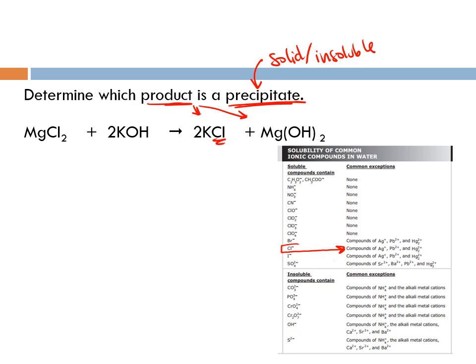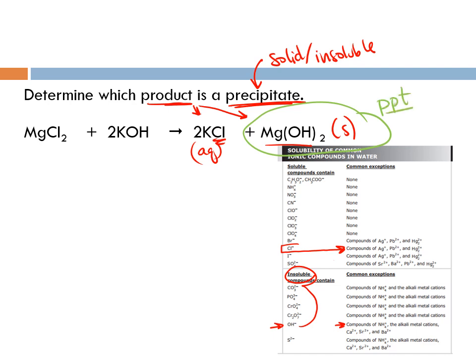Potassium chloride is not an exception, so this one is going to be aqueous. It will dissolve. What about magnesium hydroxide? I go down here, magnesium hydroxide is not one of the exceptions, and so magnesium hydroxide will not be soluble. It is insoluble. It is going to be one of our solid products, which means that magnesium hydroxide is the winner. It is the precipitate in this precipitation reaction.